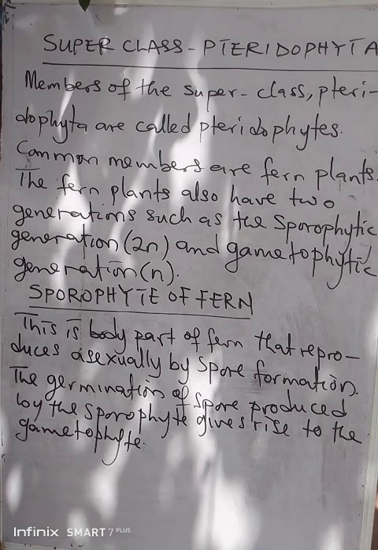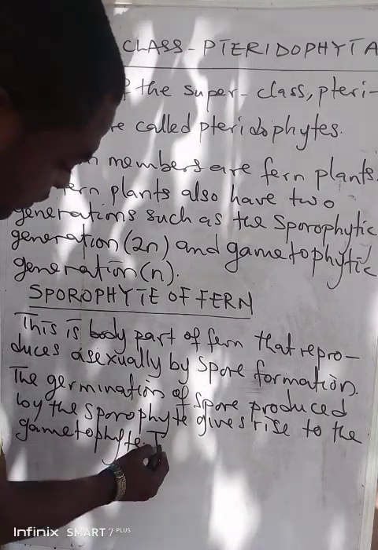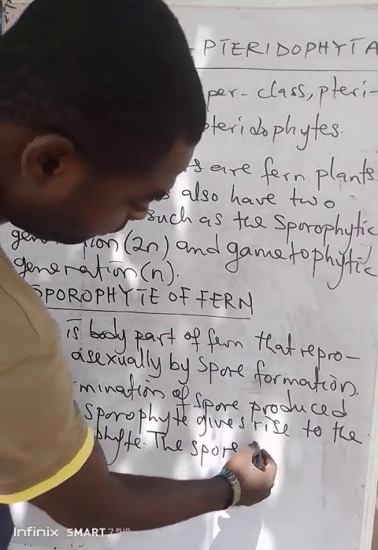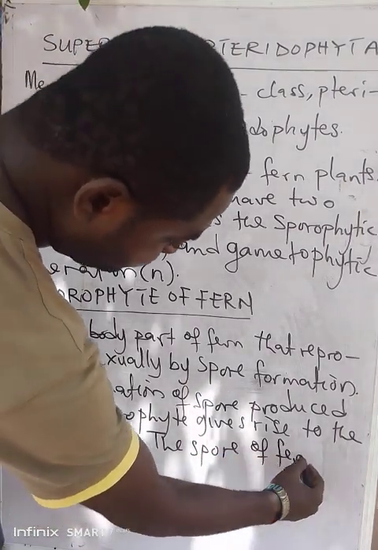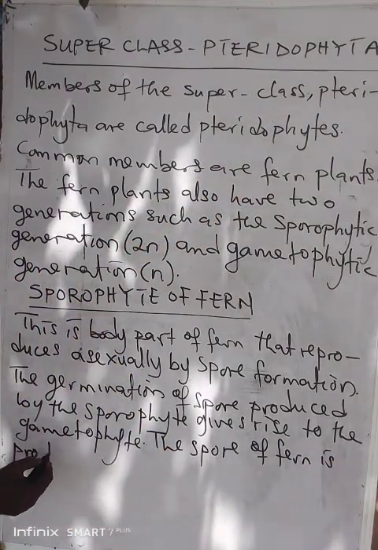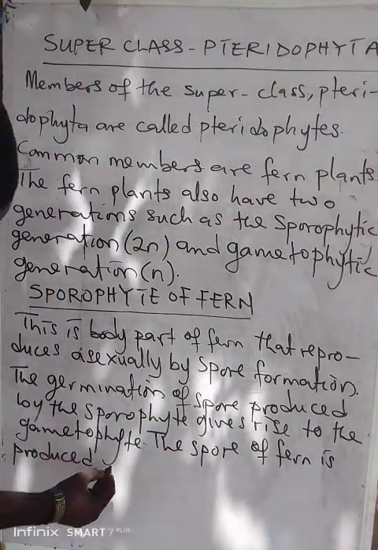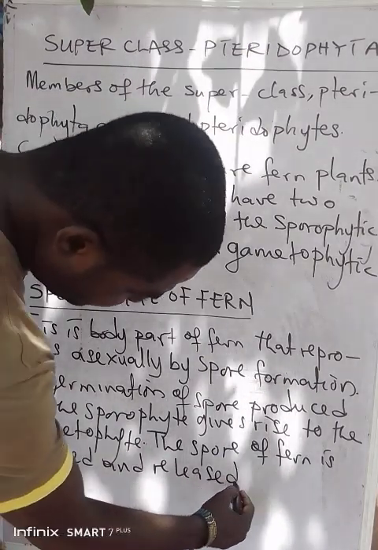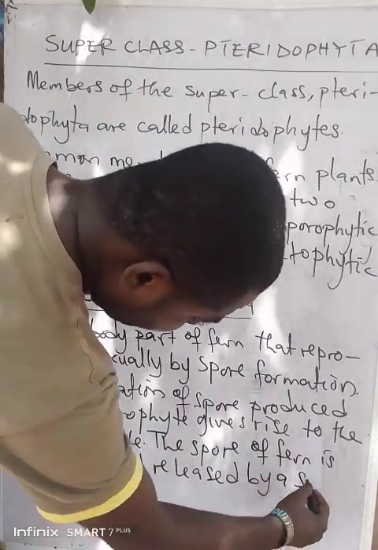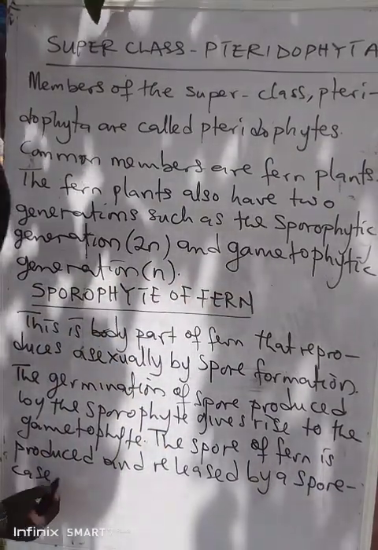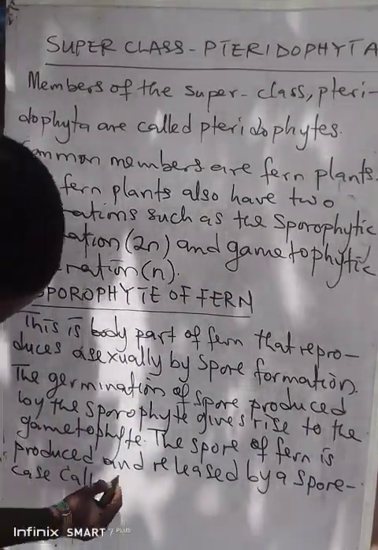So the spore of fern is produced and released by a spore case called sporangium.